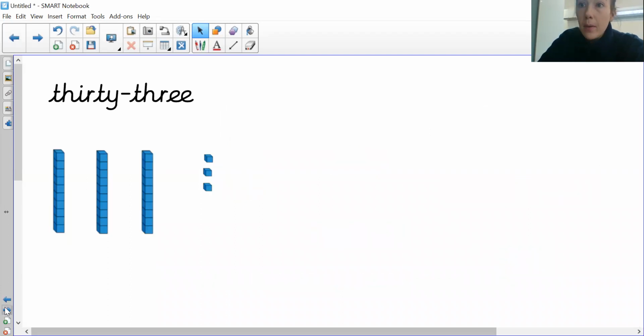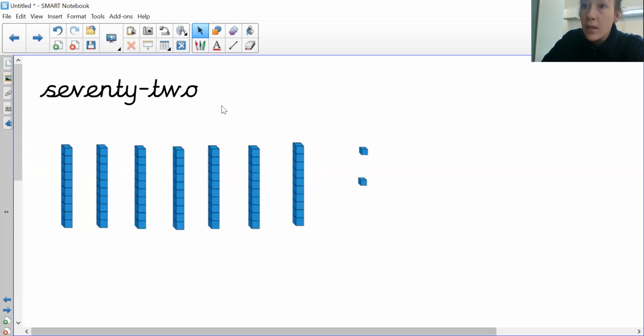Okay, let's go through a few examples together. So on the top here, I have written the number in word form. I'm going to give you 3 seconds to shout this number out. What is it? Sound it out. So we've got 33. Then below it, I have done the base 10 representation. So you've got your 3 10s and your 3 1s, remembering that the long sticks represent 10.